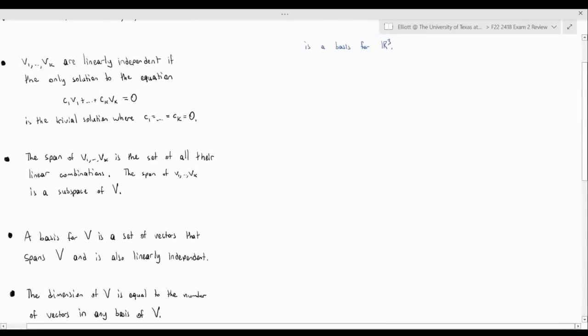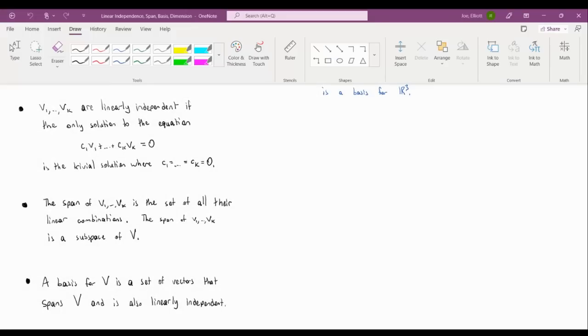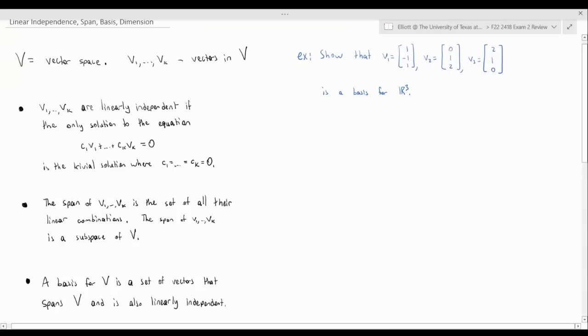And then let's look at this example that I have here right now. This is kind of like a typical question that one might be asked in a linear algebra class that involves these notions of linear independence and span.